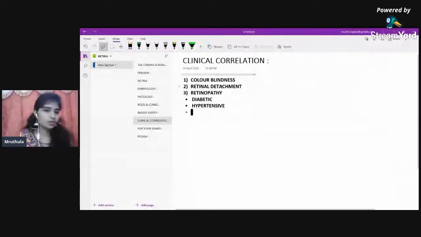Then retinal detachment. What is retinal detachment? Detachment means some separation. So what separation? We said the 1 + 9 layers, right? So if the 9 layers get separated from the one layer, we call that retinal detachment.